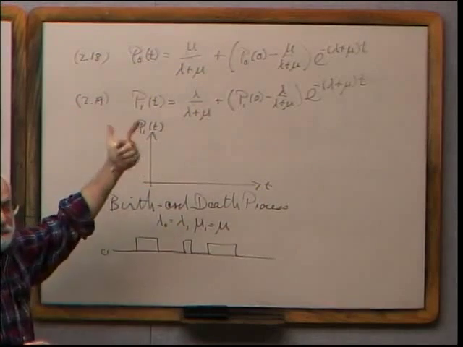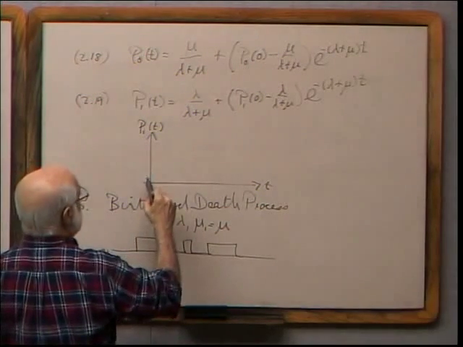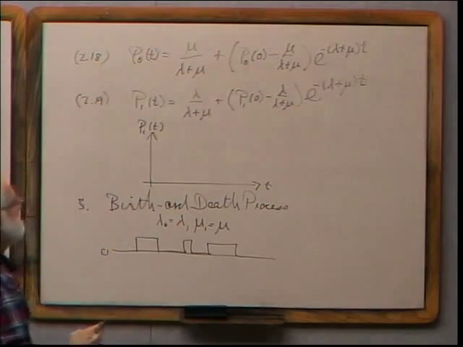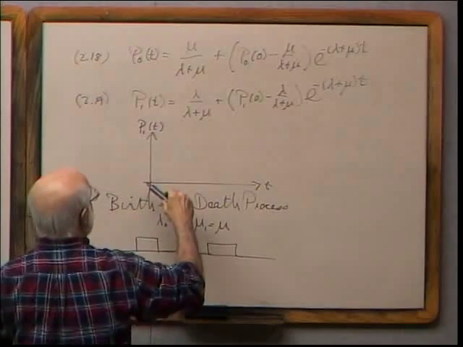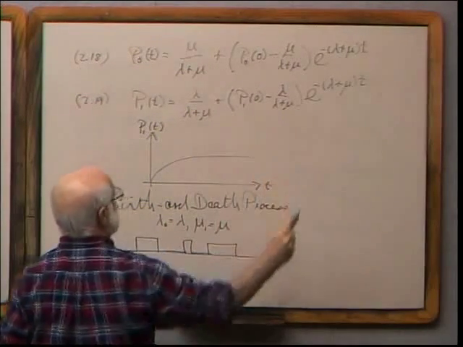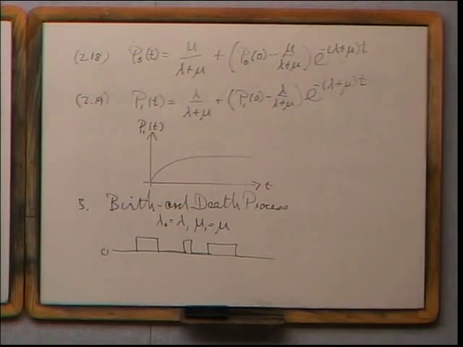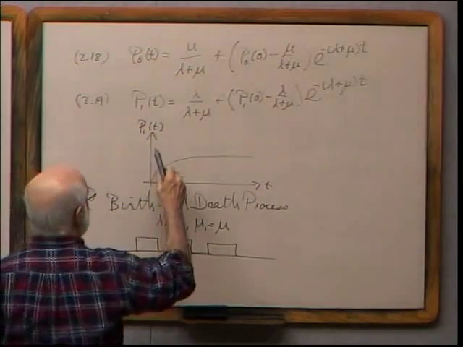That means that P1 of 0 would be 0. So I plug that into here, and I plot the graph, and I see that I would get something that would look like this. And likewise, I could plot P0 of t, and it would look like that. Okay, so let's say here's the value 1.